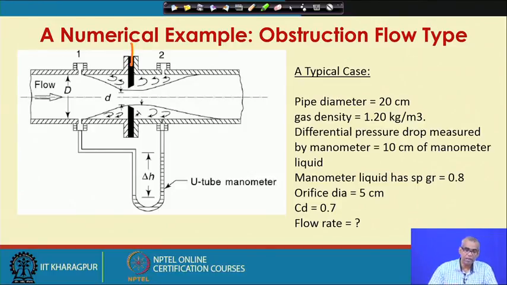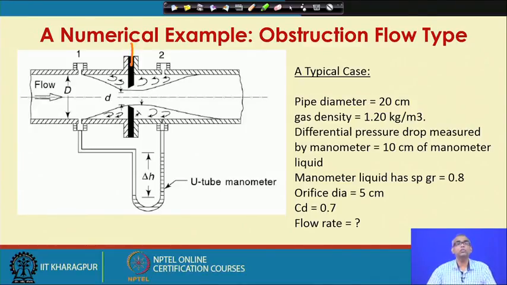We will get a reading in terms of say inches of mercury or centimeters of manometer fluid. Then you need to know the manometer liquid's density or specific gravity, and of course, you will know the diameter of the flow restriction. If it is an orifice, I will know the orifice diameter. If it is a venturi, I will know the diameter of the venturi throat.